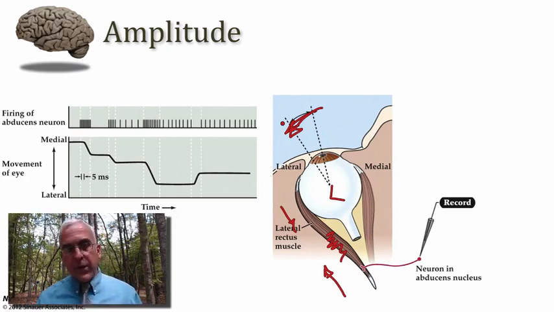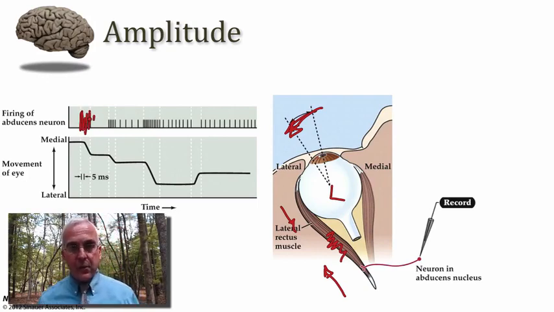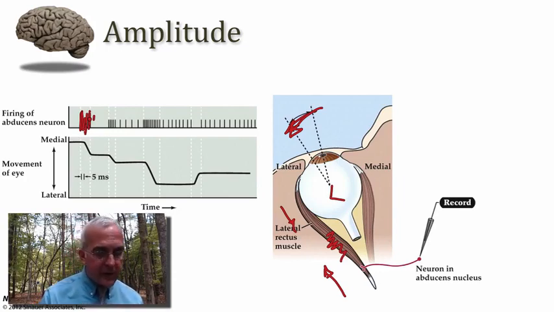Okay, so now if we are recording from the alpha motor neurons that innervate that lateral rectus muscle, what we find is that these motor neurons start firing action potentials just as we're beginning to actually contract that lateral rectus muscle. And very soon after the onset of contraction, within just a few milliseconds, there is an adjustment in eye position.